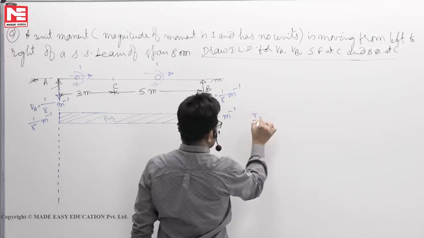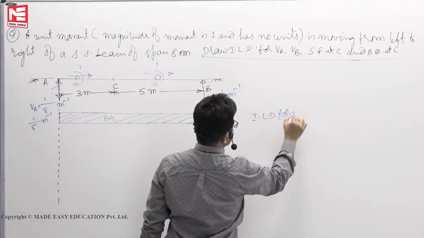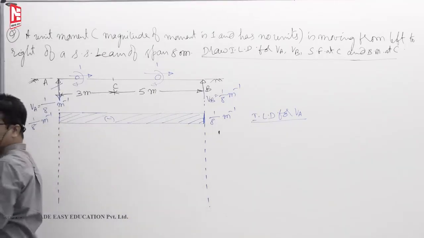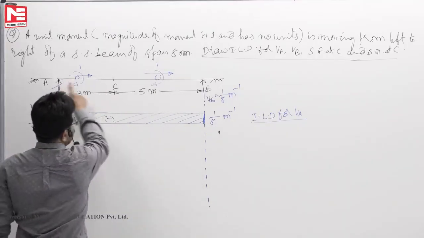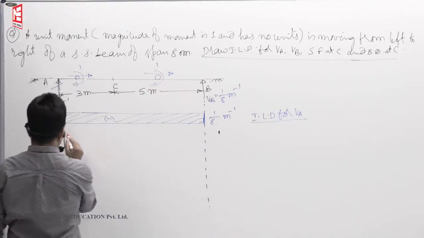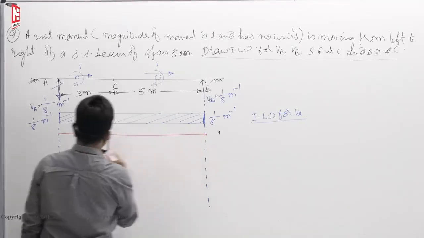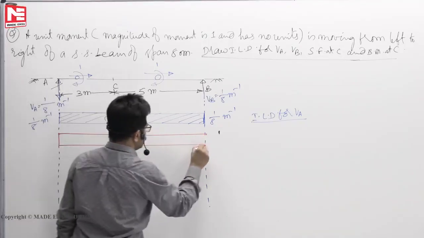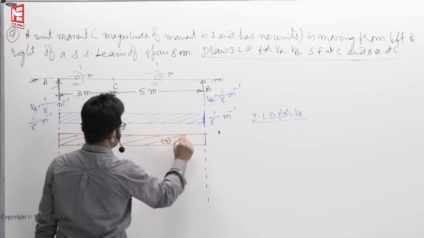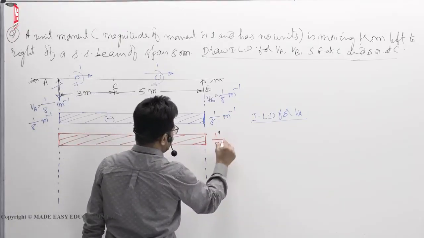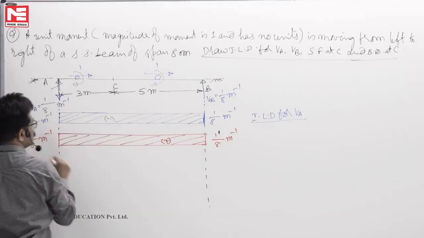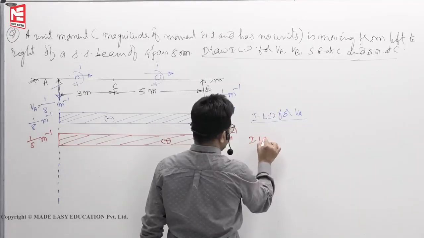This is the influence line diagram for vertical reaction at A. Now, ILD for VB. Wherever the moment is, VB is upward, constant. So again this reaction is the same, but it is plus. This is 1 by 8 meter power minus 1. This is also the same. This is ILD for VB.